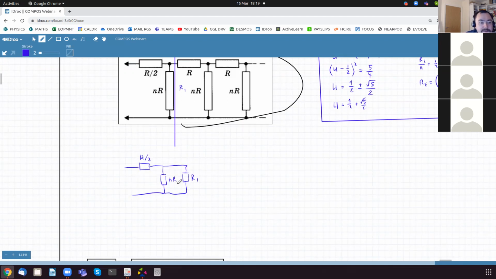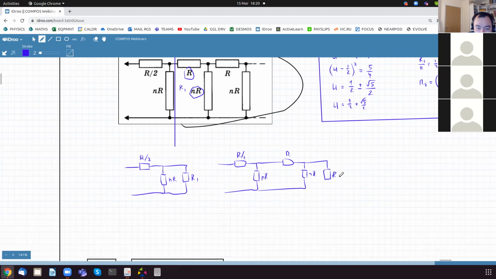On the other hand, if we add an extra pair of R and NR, so R over 2 and NR and R and NR and R, and then we add R1, it won't make any difference.